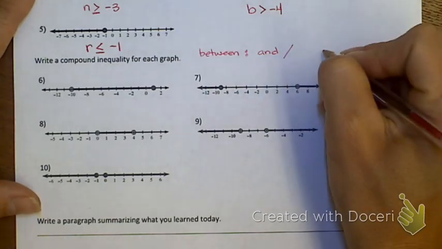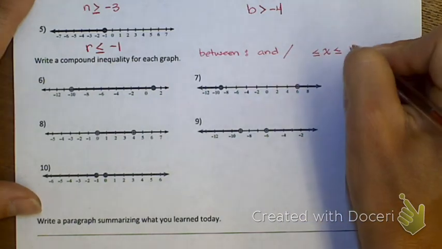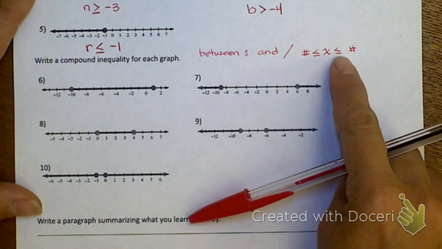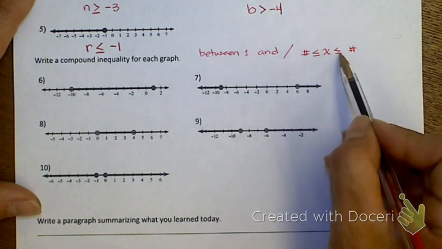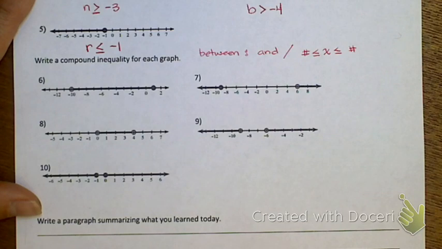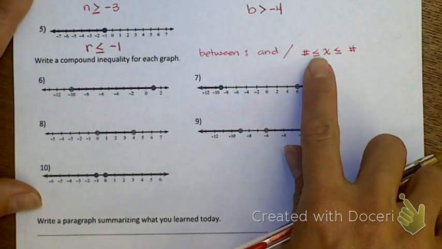Remember how we had x was less than or equal to, greater than or equal to, some number? X is between the values. Now, you still need to pay attention to whether you need a line or not if you're going to write it this way, because sometimes one of these will have a line, one of them won't have a line, and so forth.